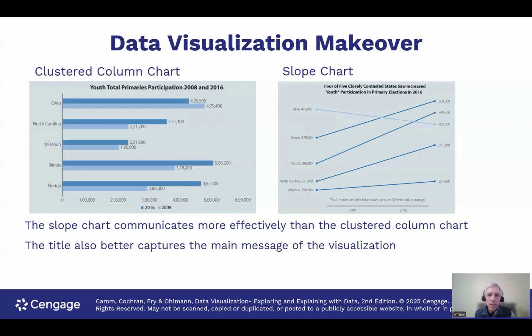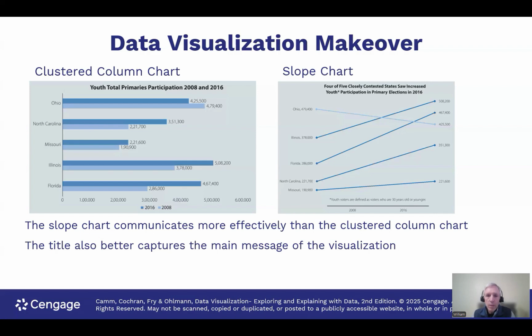We've changed the title because we really want to highlight what's going on. So 4 or 5 closely contested states saw increased youth participation in primary elections in 2016, and only Ohio didn't. And so we emphasize the 5 closely watched states, and we didn't emphasize Ohio because it actually went down. These slope charts work really well.